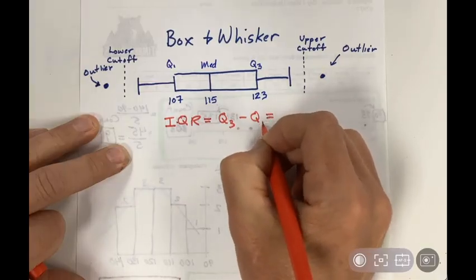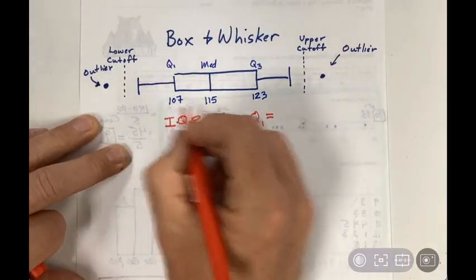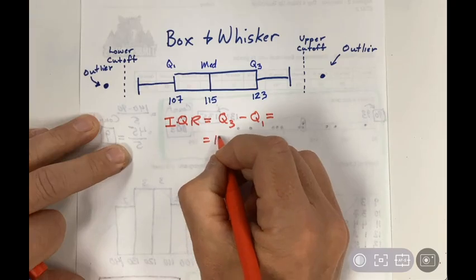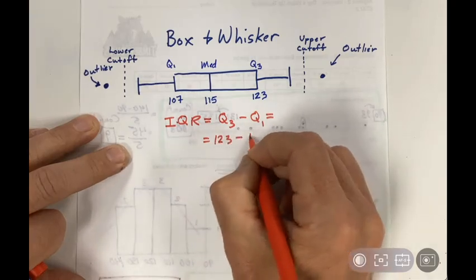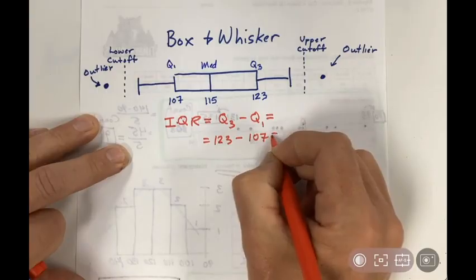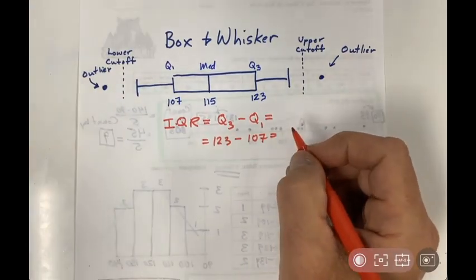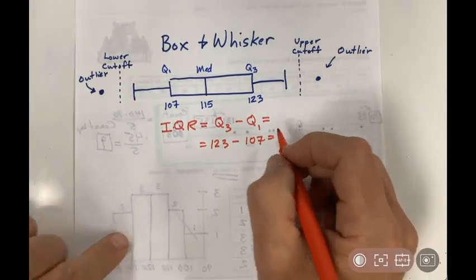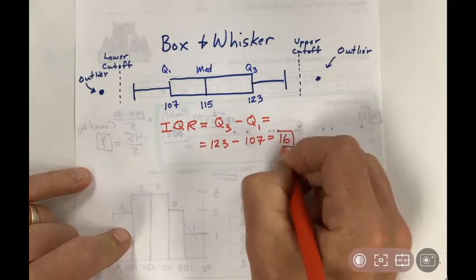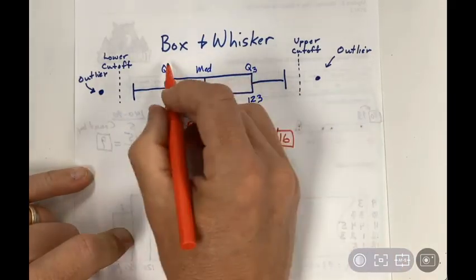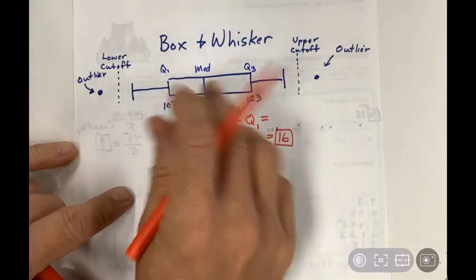In this case, I would be taking 123, the Q3, and subtracting 107. That distance comes out to be 16. So the width of the box is 16.